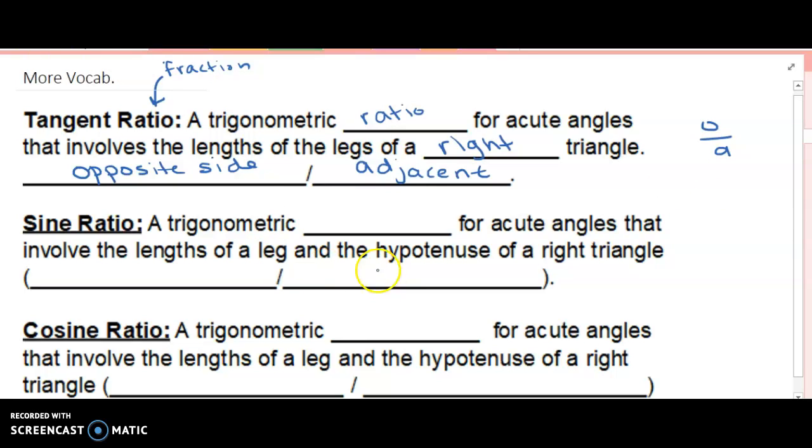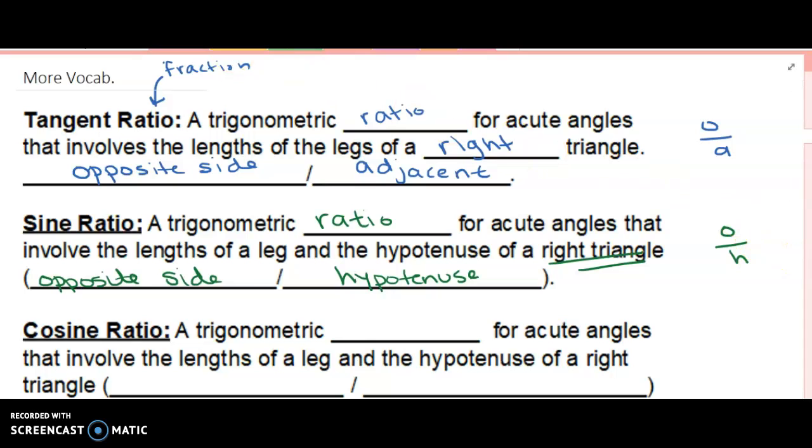Okay, the sine ratio is also a trigonometric ratio for acute angles that involve the lengths of a hypotenuse of a right triangle. And my sine ratio is always the opposite side over the hypotenuse. Okay, so my sine ratio is always opposite over hypotenuse. Okay, last but not least, my cosine ratio.